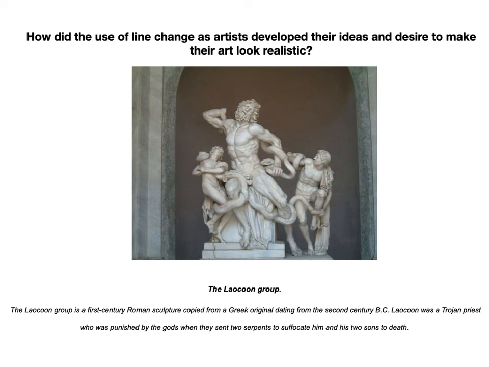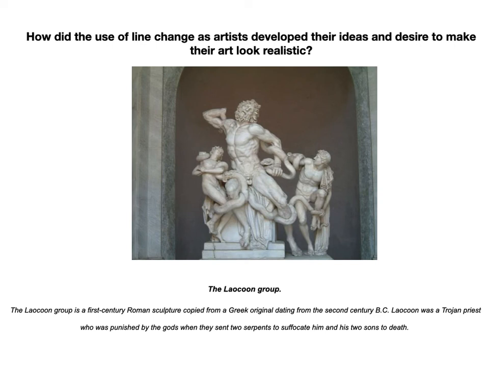So how did the use of line change as artists developed their ideas and desire to make their art look realistic? In this Laocoon group, which is from the 1st century, it's a Roman sculpture copied from a Greek original dating from the 2nd century BC, we see several things.